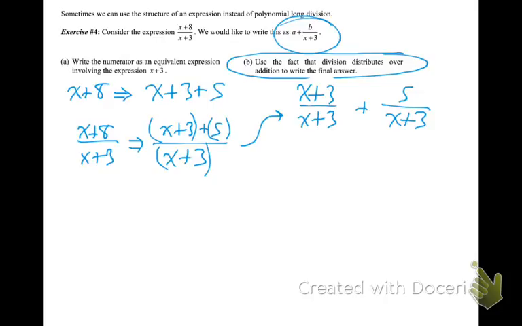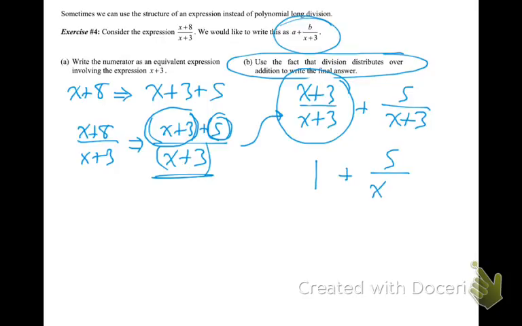Okay, we can break this added to this into two separate fractions, both over x plus 3. What ends up happening is that this expression is equivalent to 1, so we get our reduced form, 1 plus 5 over x plus 3.